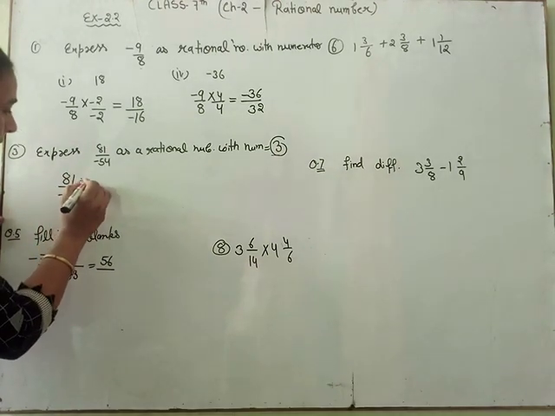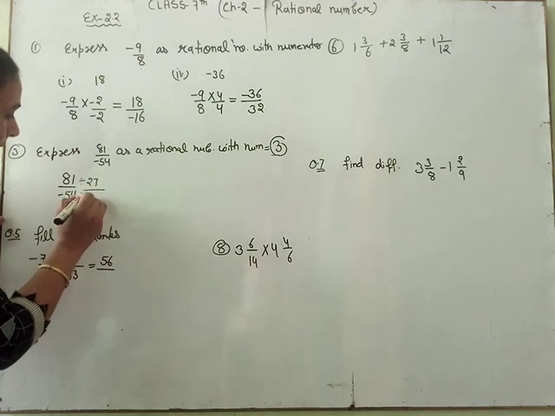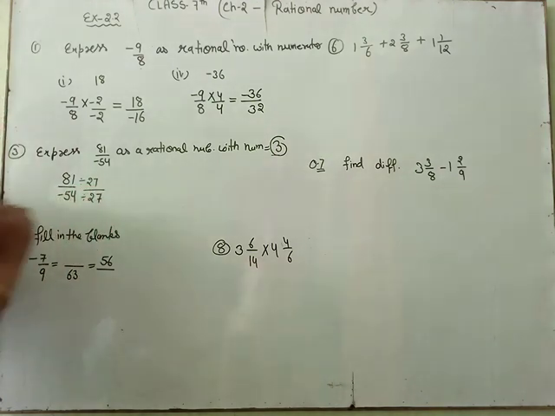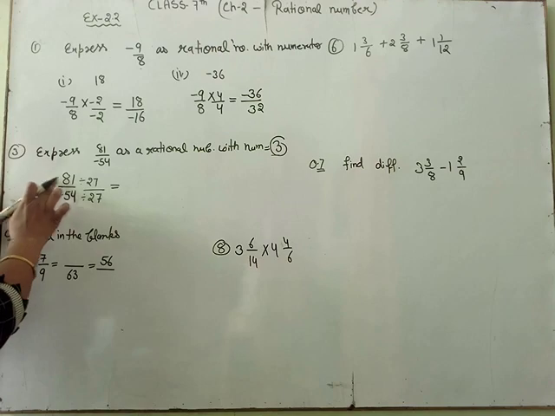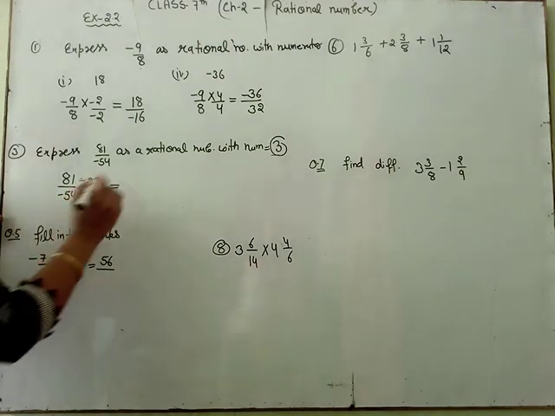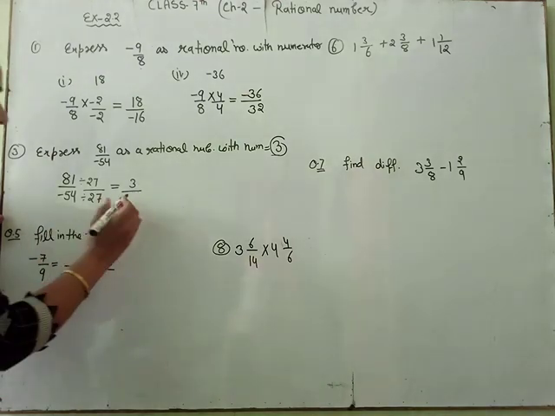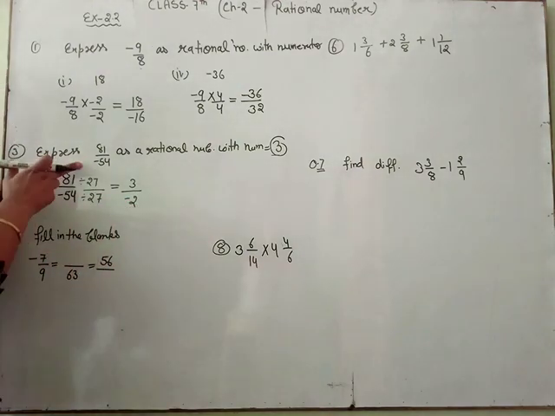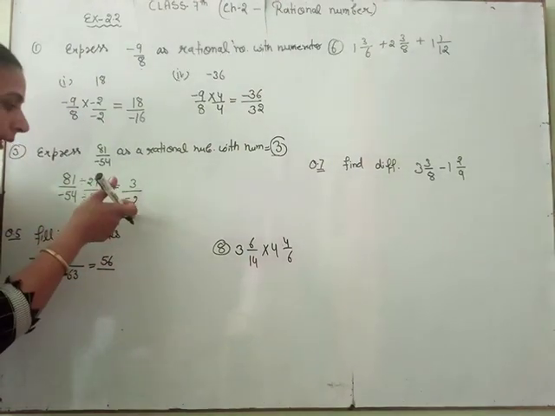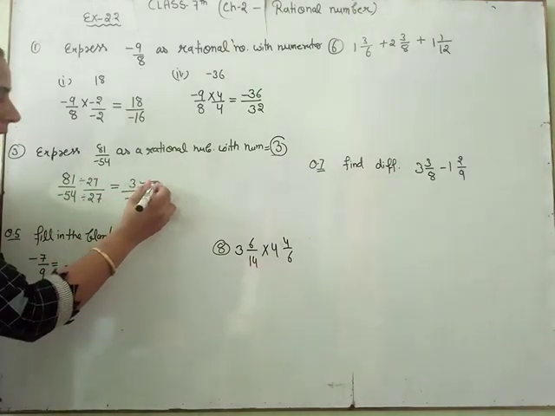So 81 divided by 27 is 3, and minus 54 divided by 27 is minus 2. This is the rational number with numerator 3.